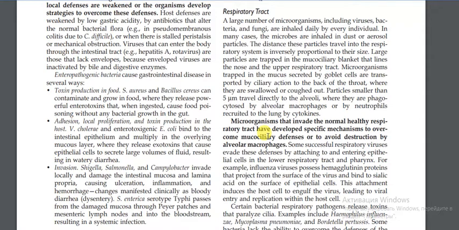Microorganisms that invade the normal healthy respiratory tract have developed specific mechanisms to overcome mucociliary defenses or to avoid destruction by alveolar macrophages. The second line of defense is this: when bacteria or viruses reach the alveolar tissue, in the alveoli we have alveolar macrophages, and they ingest these microbes and usually defend our body.